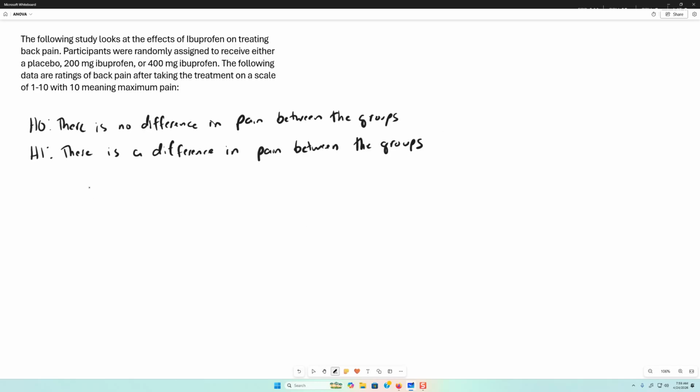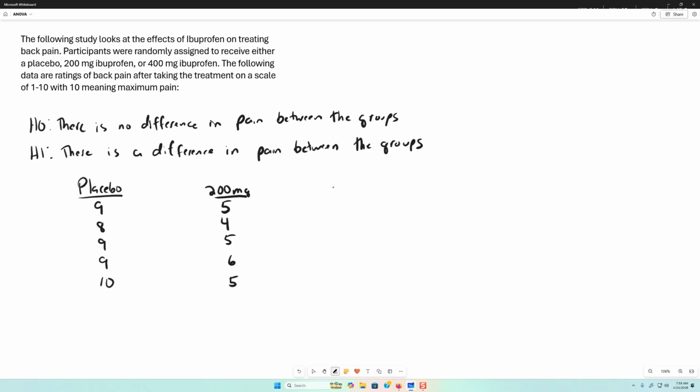Now let's take a look at our 3 groups. We have a placebo group. We have 5 participants in each group. And these are their ratings, and they're quite high. We have a 200 milligram group. And their back pain ratings look better than the placebo group.